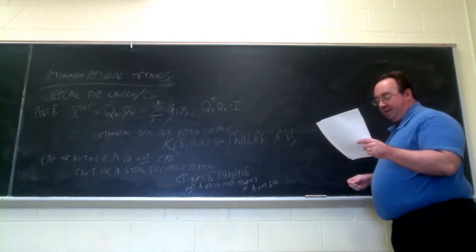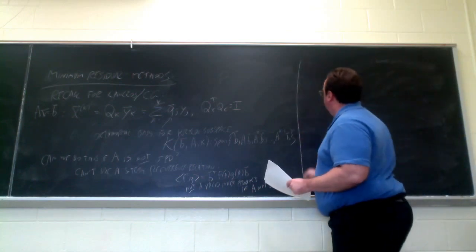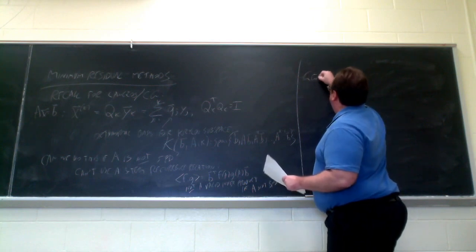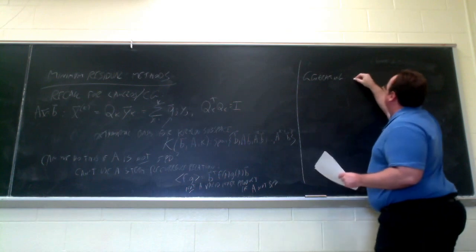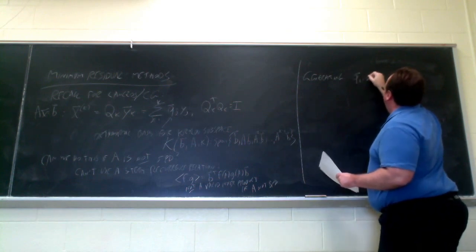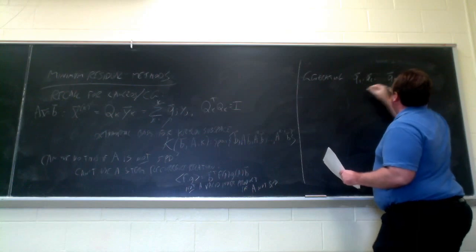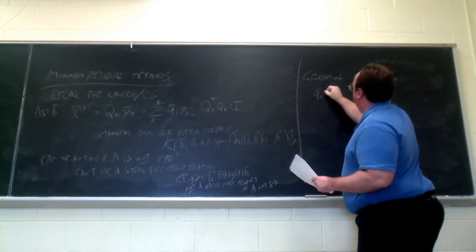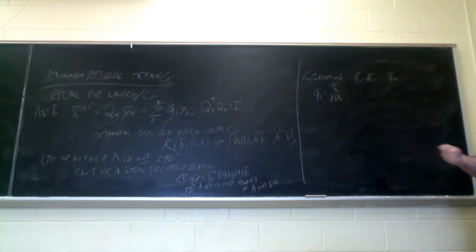In order to generate these vectors, Q1, Q2, up to Qk, well, the first one is already determined, so it's B normalized. But once you have that, how do you get all the other ones?